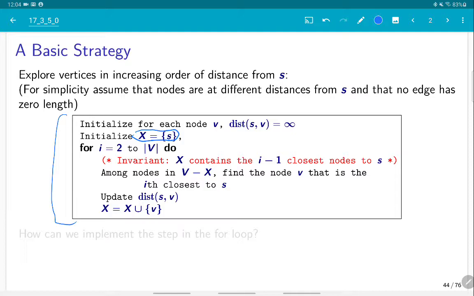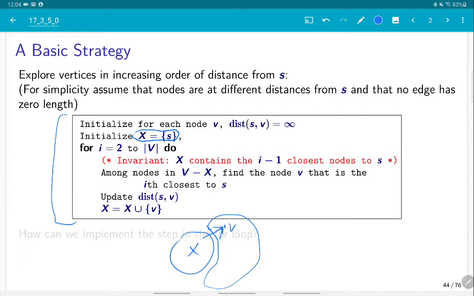Now, among all the nodes that are outside X, the complement, we are going to find the node that has the best distance if it comes from a vertex of X. The idea is that the shortest path to the ith vertex must come through a vertex of X. So we just need to compute the distance of every vertex V where you arrive by an edge from X, and that gives us a candidate distance.